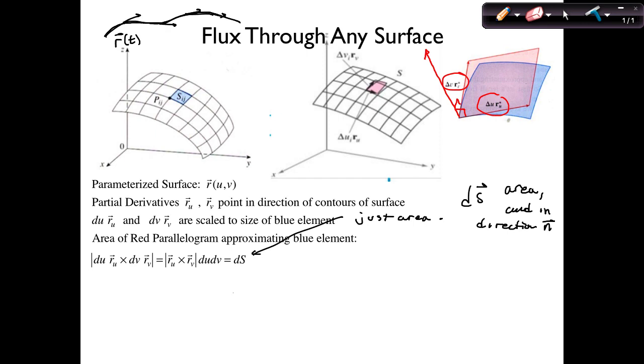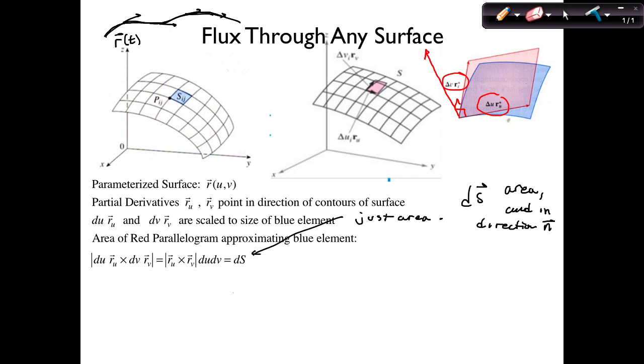Now we need those vectors to be orthogonal to the surface, so that's why we use the cross product. If it doesn't have the vector on it, it's just the area. If it's the dS vector, it's the area and has the direction orthogonal to the surface, the parallelogram, and thus the surface.